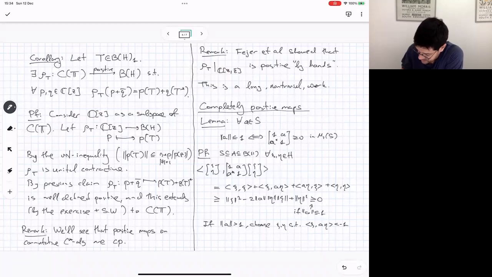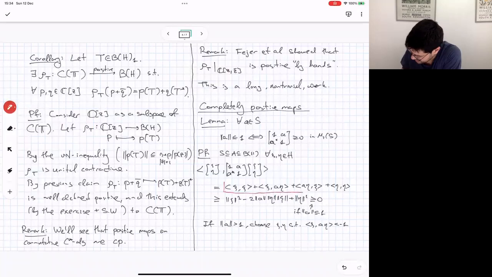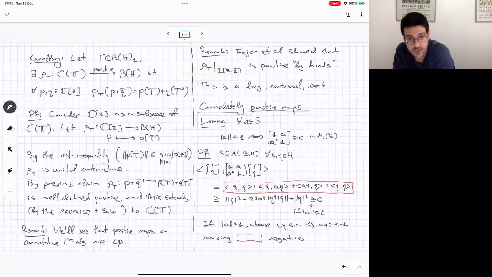And then this red thing will be negative. Okay.